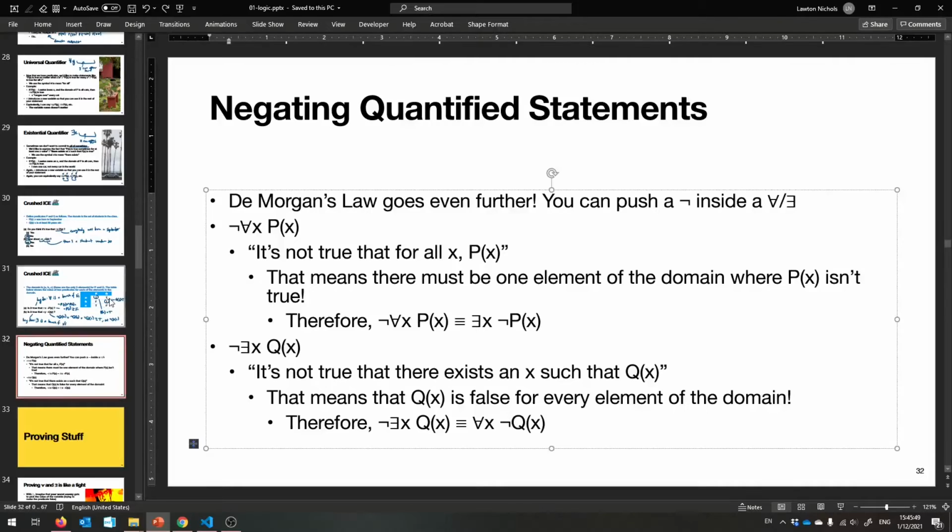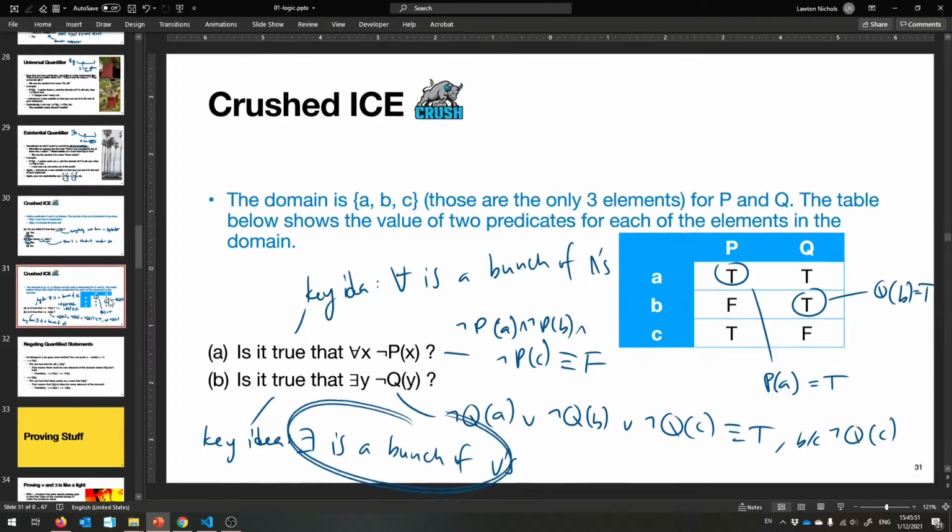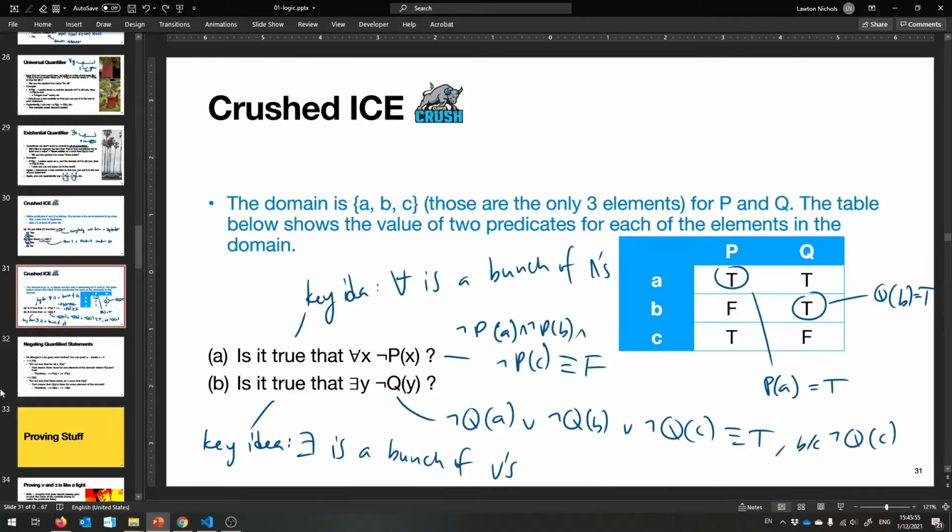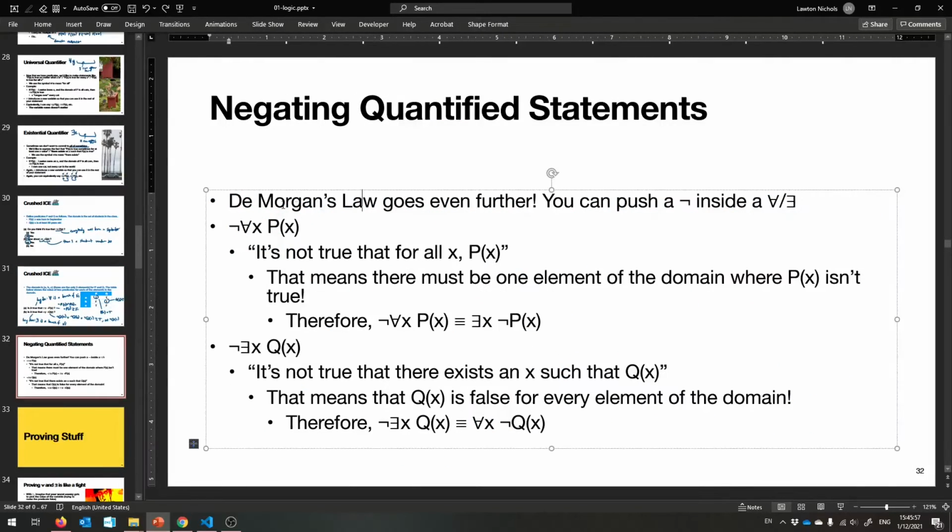Because these are secretly a bunch of ors or a bunch of ands, we can also secretly use De Morgan's rules. De Morgan's law goes even further, and we're going to figure out how to push this negation inwards in a universally quantified statement and an existentially quantified statement.